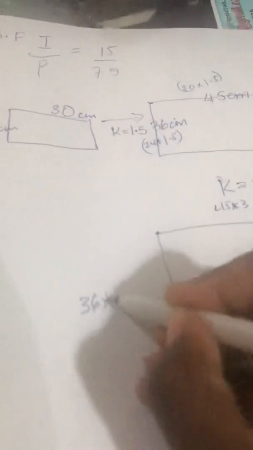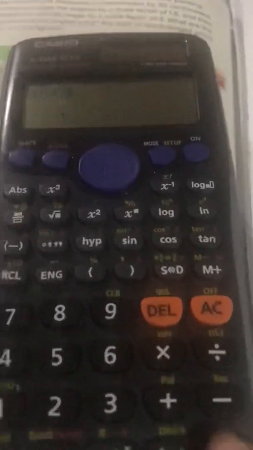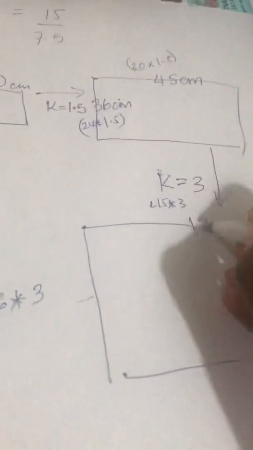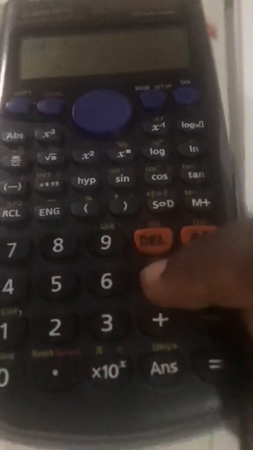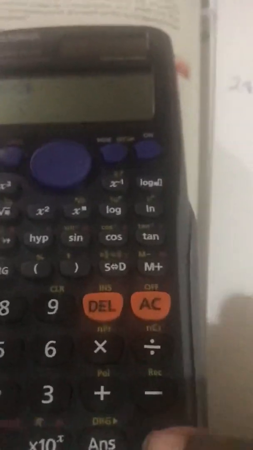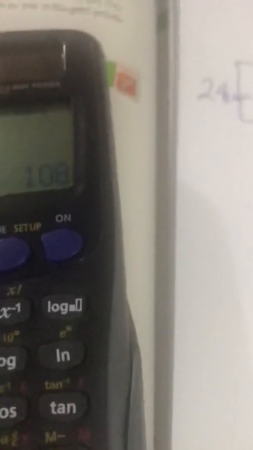And then here we'll do 45 times 3 and 36 times 3 because K is 3. 45 times 3 is 135. 36 times 3 is 108.